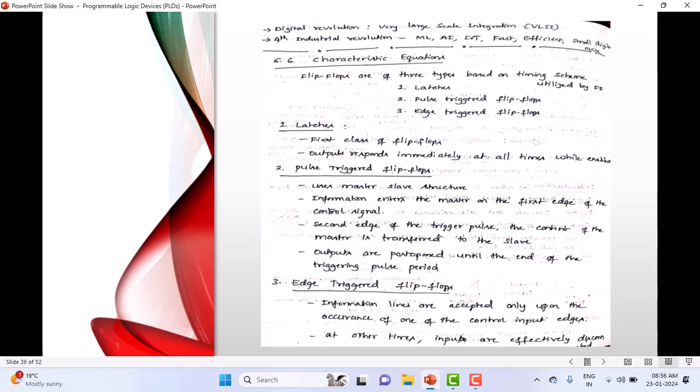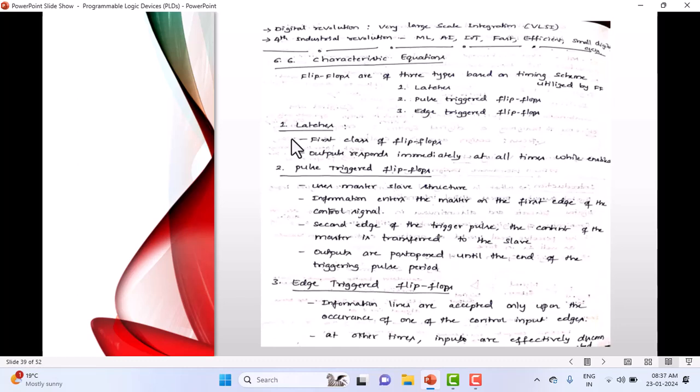The only thing is that here the edge will change the output of the flip-flop, whereas in pulse triggered, the on pulse will change one part of the flip-flop and the off pulse will change another part. Edge triggered is not in our syllabus, but I would suggest you go through it before we move to the next topic, from the examination point of view.